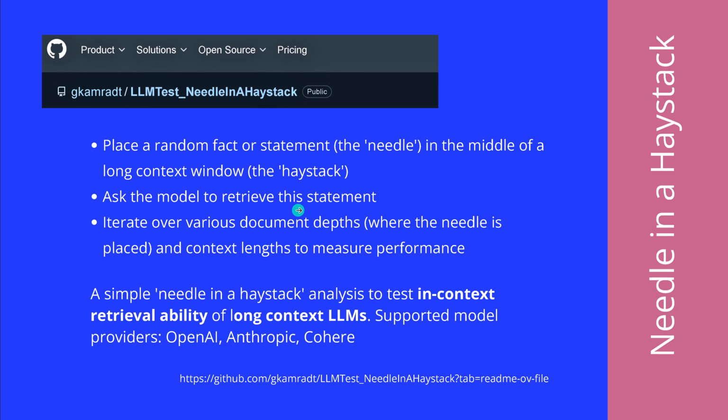Then we iterate over various document depths and context lengths to measure: does the system find the needle? So you see, a simple needle in the haystack analysis to test the in-context retrieval ability of long context LLMs, and this code works great for OpenAI, Anthropic, and Cohere LLMs.